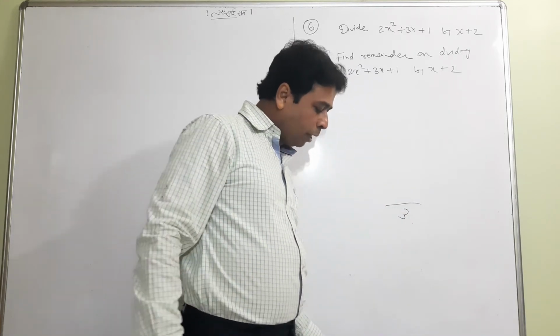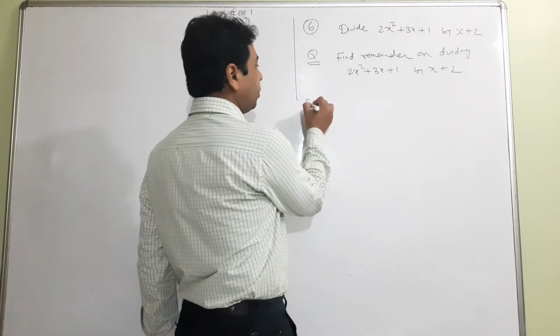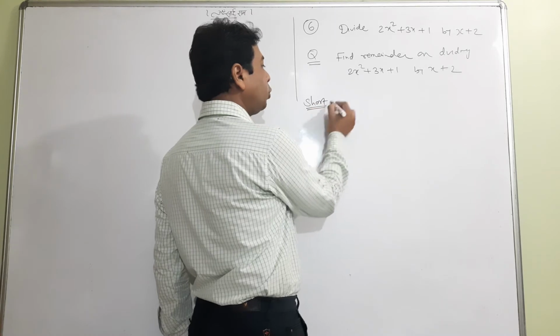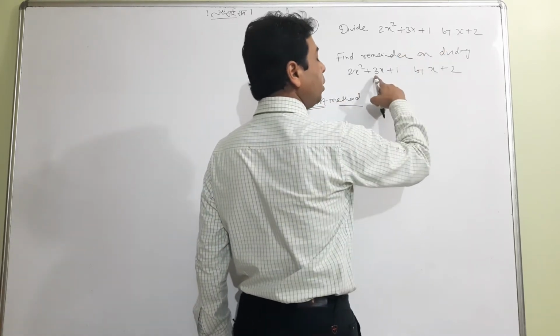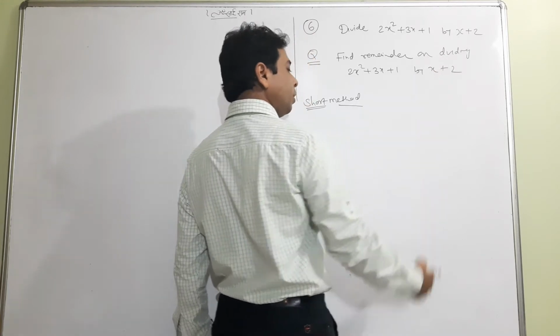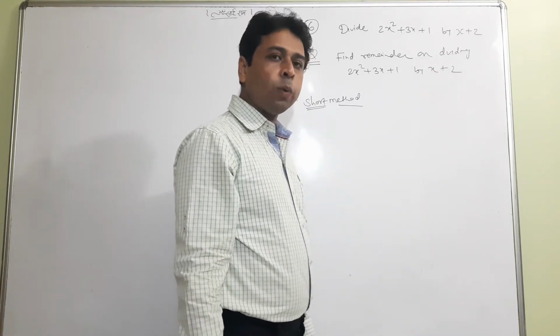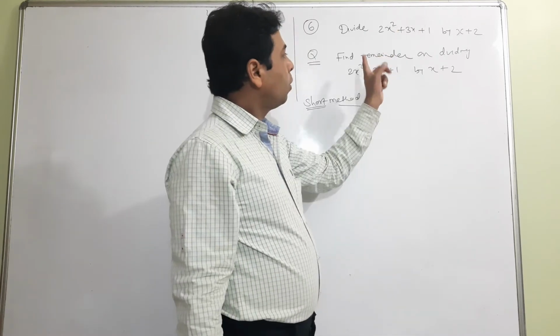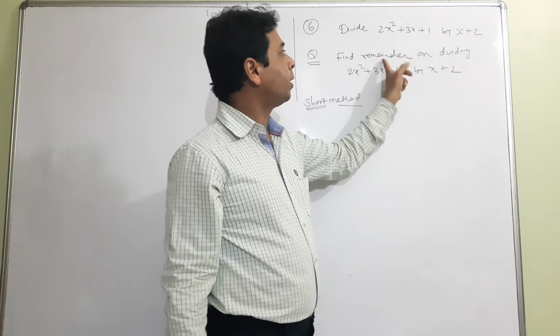So let me explain one thing, that we have a short method. You need not divide this by this, and you can get your remainder easily. So try to catch my words. When this is divided by this, you have to find the remainder.